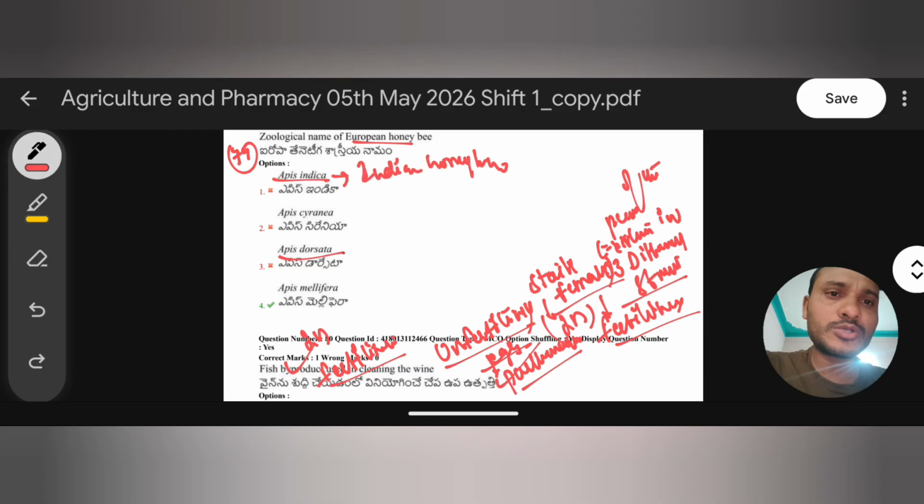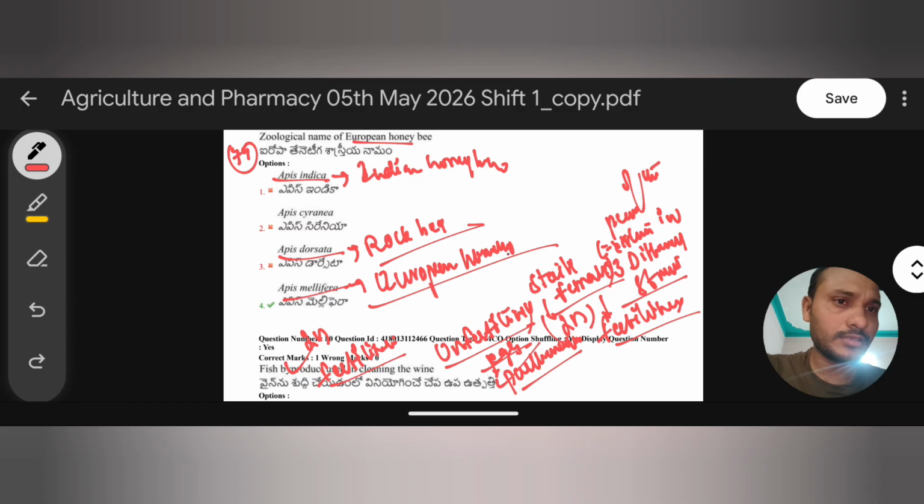Apis dorsata is the rock bee, which is generally present on rocks. And Apis mellifera is the European honeybee, also called western honey bee or Italian honeybee. So the European, western or Italian honeybee is Apis mellifera.